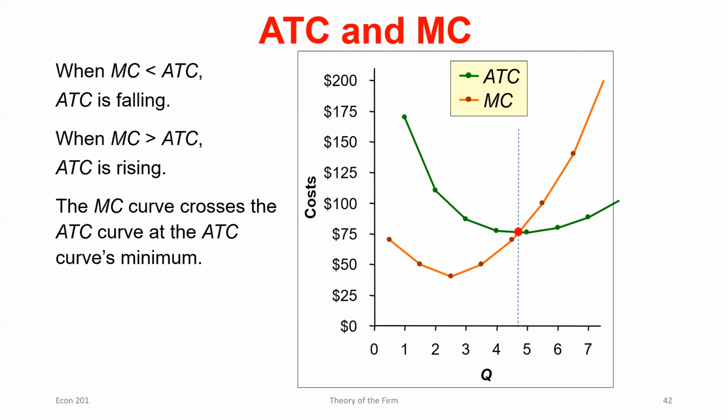Anytime the marginal cost is below the average, it'll be decreasing. Anytime the marginal cost is above the average, it will be increasing. And you can look at these numbers and see that it plays out in the numbers as well. But here, I think this is a real nice visual representation of that.